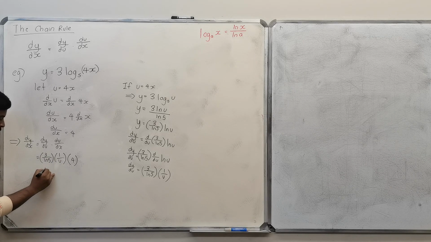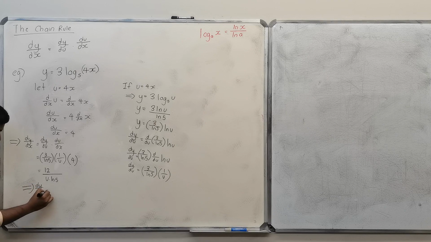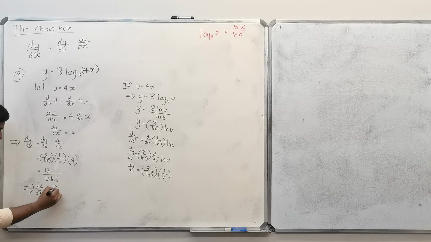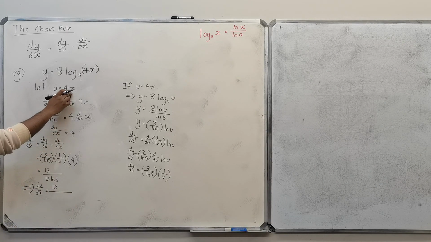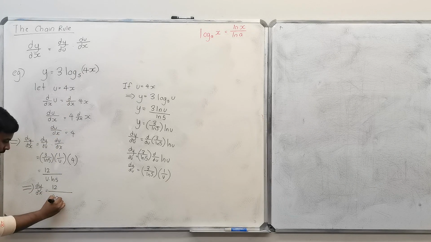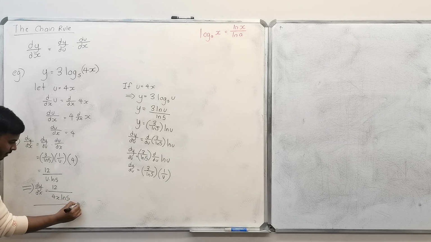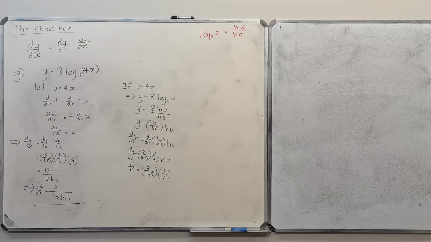So I'm left with 12 over u times ln of 5. So the derivative of y with respect to x is equal to 12 over 4x ln of 5, and that is the derivative of 3 log 5 4x.